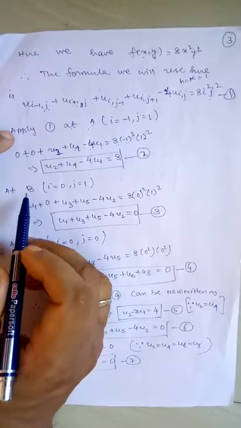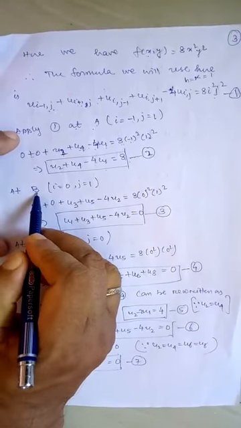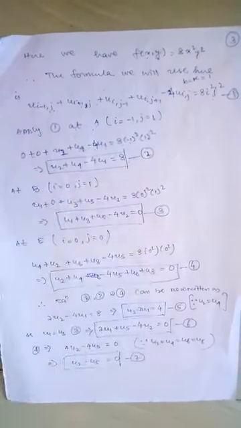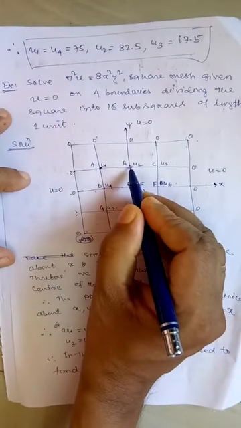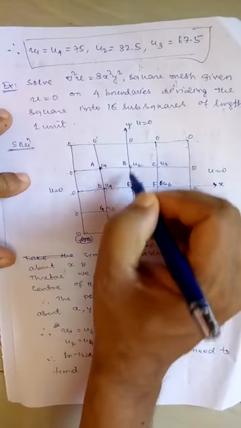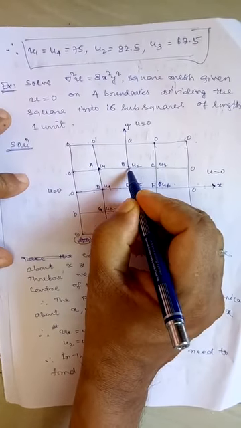Now similarly I will find out the solution at the grid point B. So B corresponds to i equal to 0, because this is on the y axis, i equal to 0 and j equal to 1.